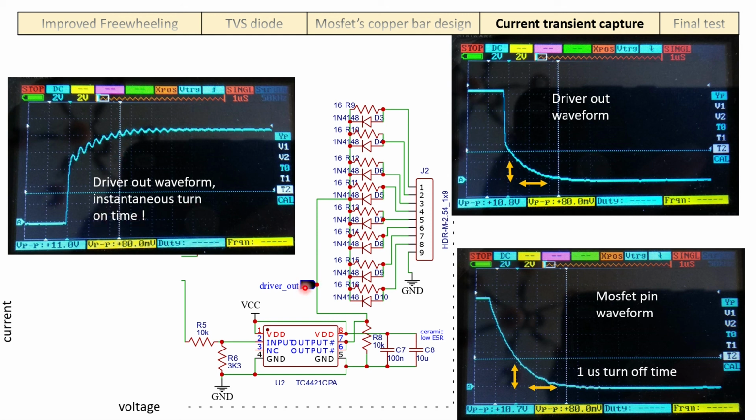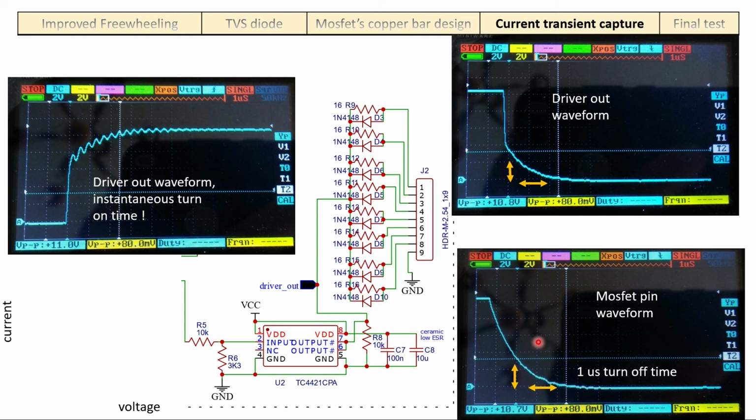Taking the turn off time from this point, you can see the falling edge. Here the time span is about 1 microsecond, but if you take the same turn off time across the gate of the MOSFET, you have a less sharp voltage.